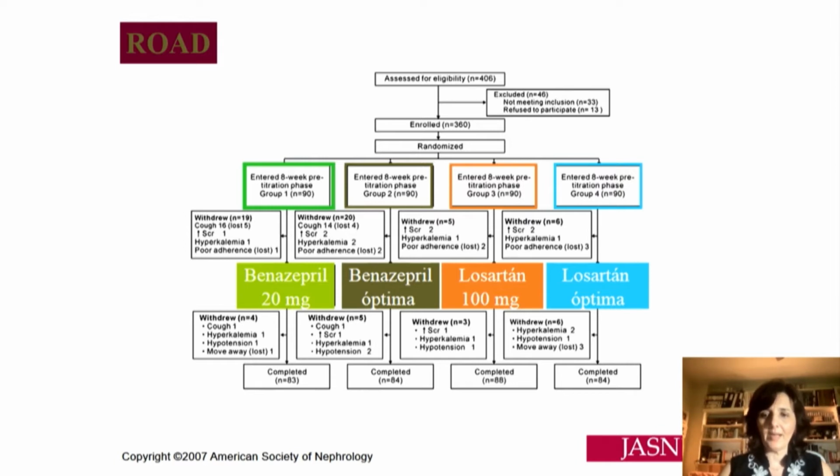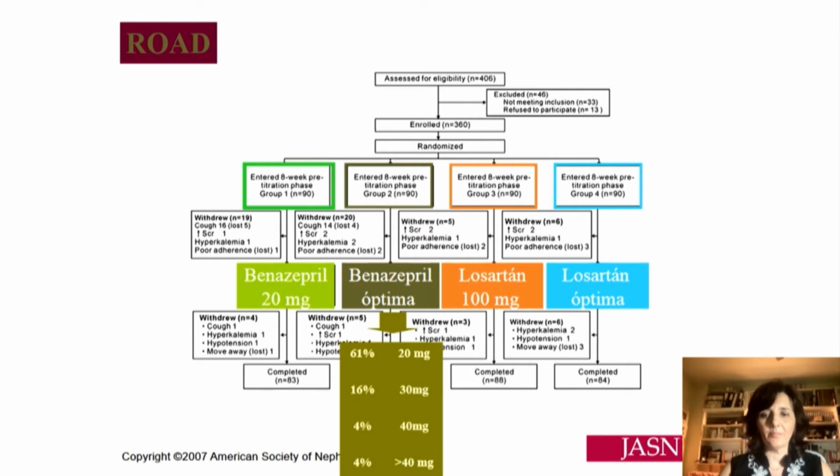Patients received open-label treatment with conventional doses of benazepril 20 mg per day or losartan 100 mg per day, or individual up-titration of benazepril or losartan. In about half of patients, optimal antiproteinuric doses coincided with the antihypertensive dose, but in 40% of patients, optimal antiproteinuric doses surpassed antihypertensive doses.